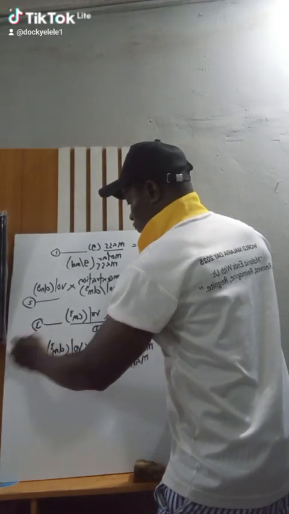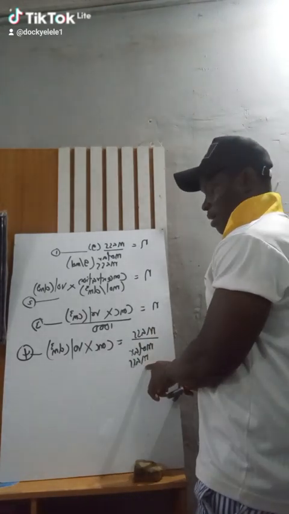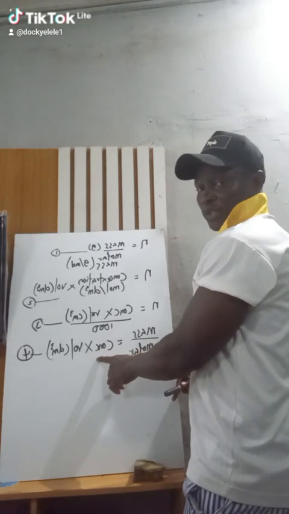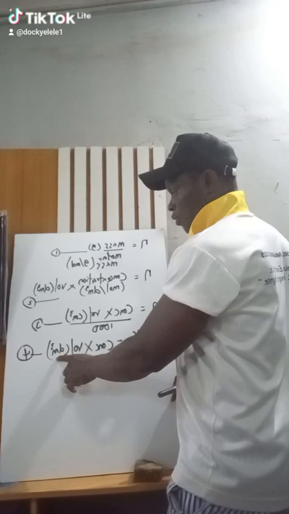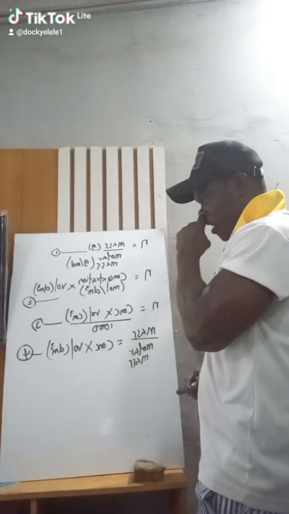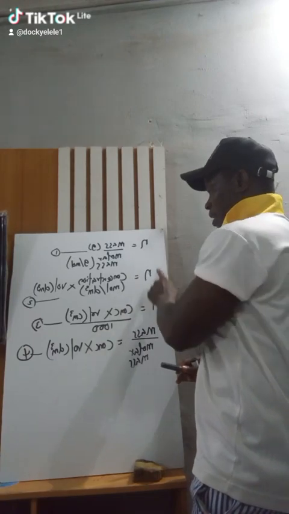That will be equation 4: mass over molar mass equals concentration times volume in dm cube. So what I did was just equate equation 1 and 2.